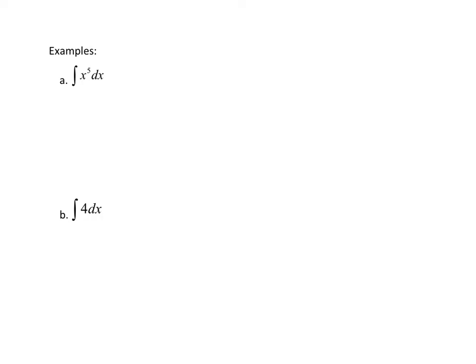Alright, so a couple examples. If we wanted to find the general antiderivative of x to the fifth, we're going to use x to the n dx, which we know is now 1 over n plus 1, x to the n plus 1, plus c. So in our example, n is just 5.